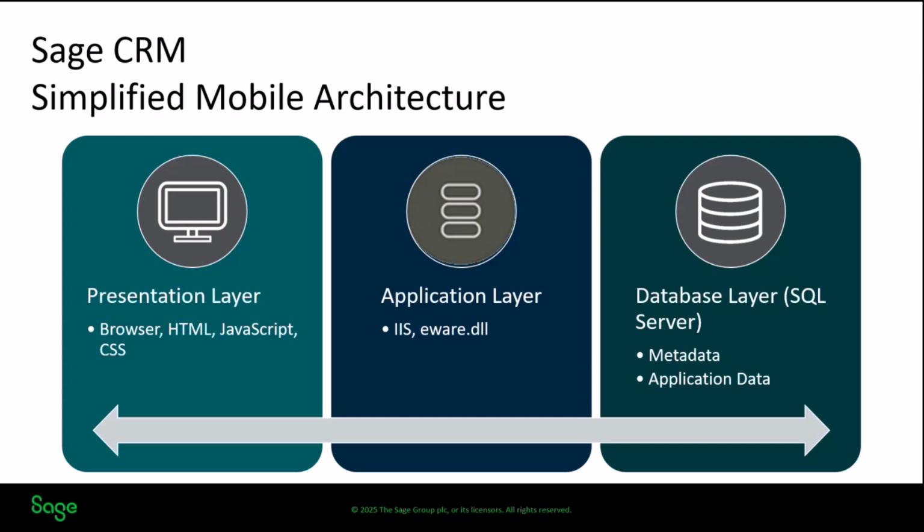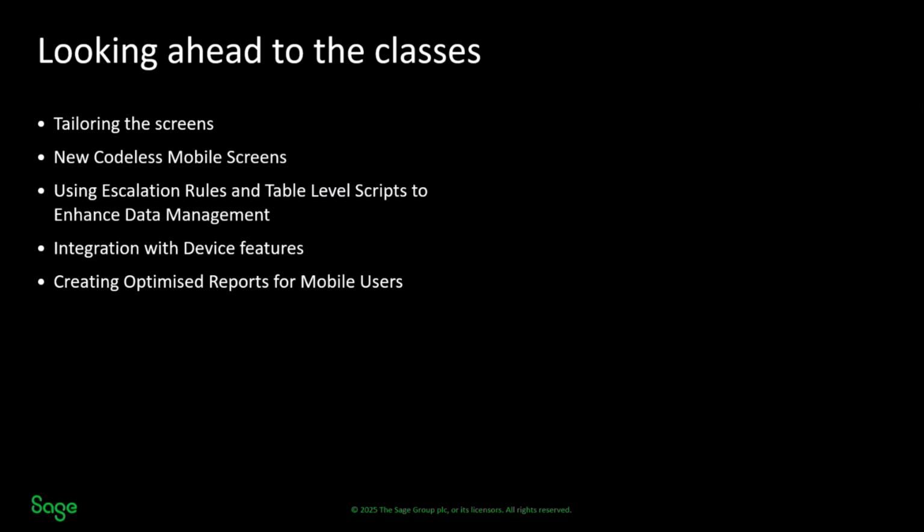It's likely that we would want to make changes for a particular customer. What we're going to be looking at in the next lesson is exactly how we can create our own new mobile screens and how we can take and support a custom entity and bring that custom entity in as well.